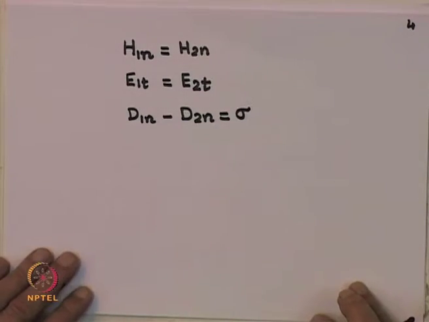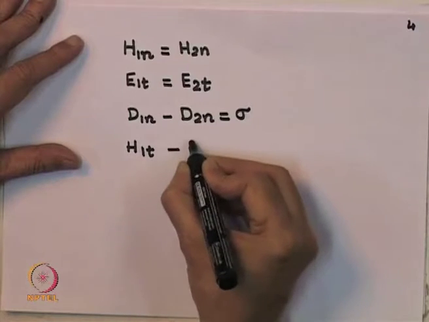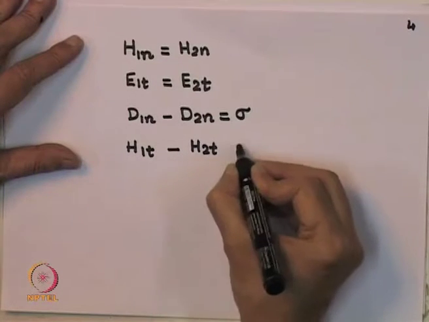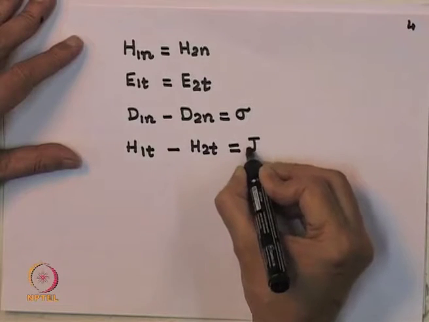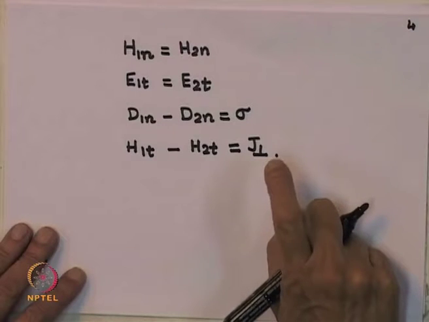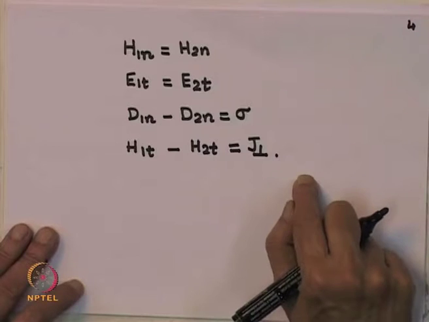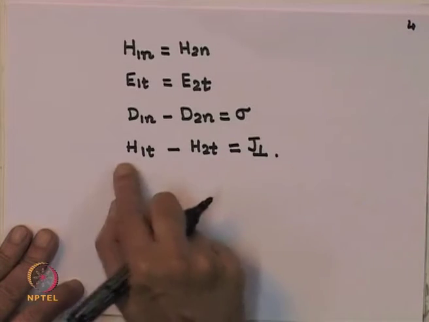In a very similar way, if on the surface there are some surface currents, then if I look at H1t minus H2t, this gives me J perpendicular, where J perpendicular is the component of the surface current density which is perpendicular to the direction of H which is being matched.